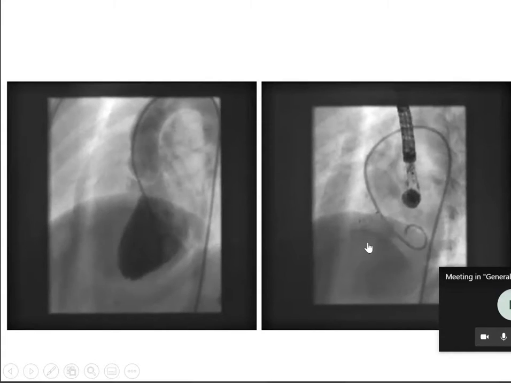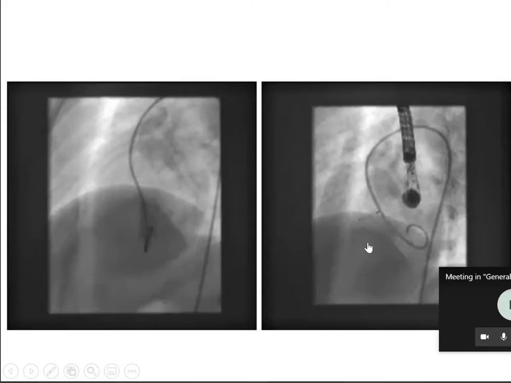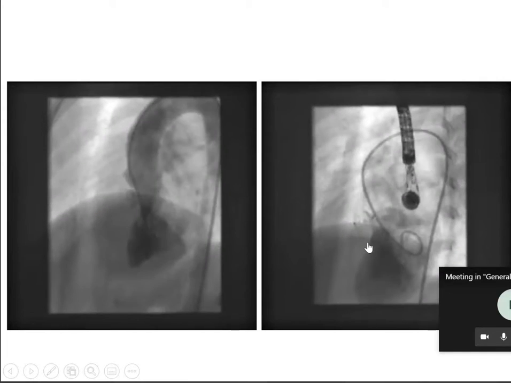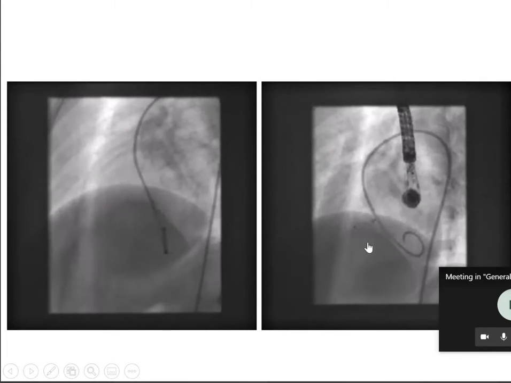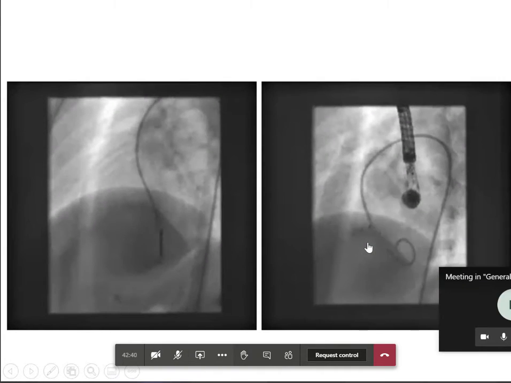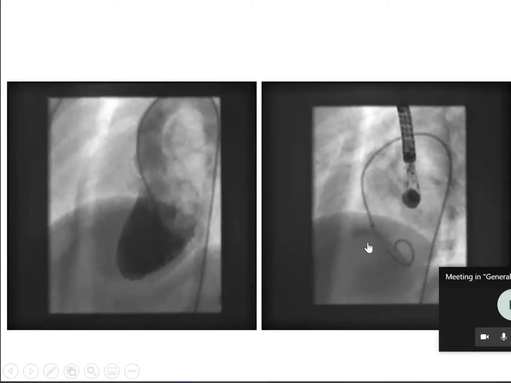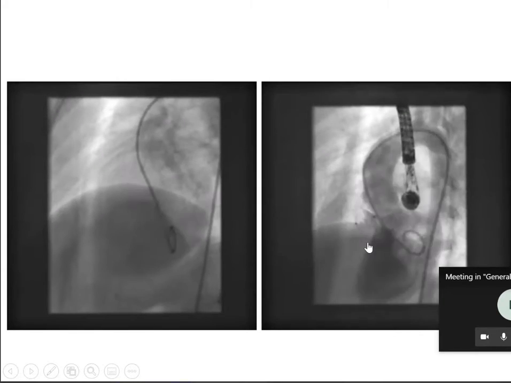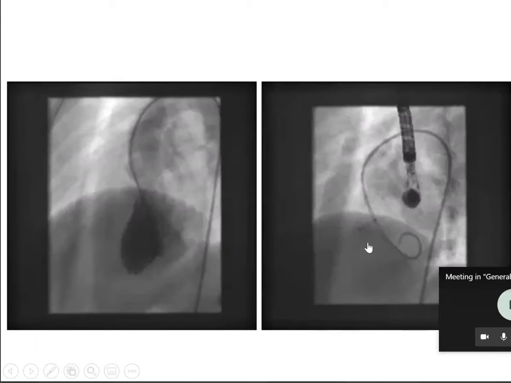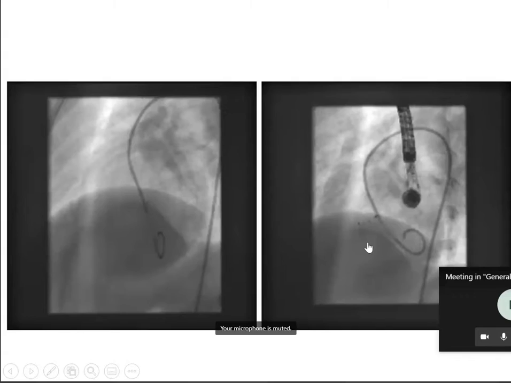What are the indications for closing a small VSD? AR. AR, okay. At risk of infective endocarditis. Okay. So what are the problems of VSD device closure in the perimembranous region? AV blocks. Okay.